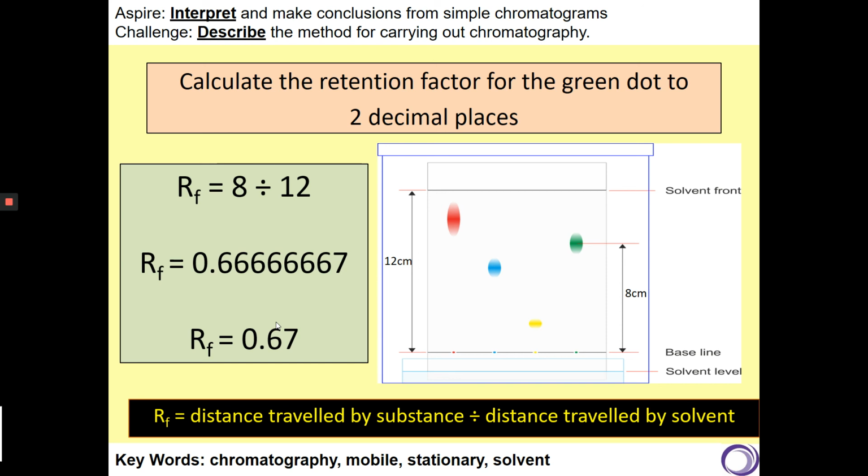It asked for the answer to 2 decimal places, so we look at the first 2 decimal places and we find it's 66, and then we look at the decimal place to the right, and that is above 5, so we round our second decimal place from 6 to 7. So we get an answer of 0.67.